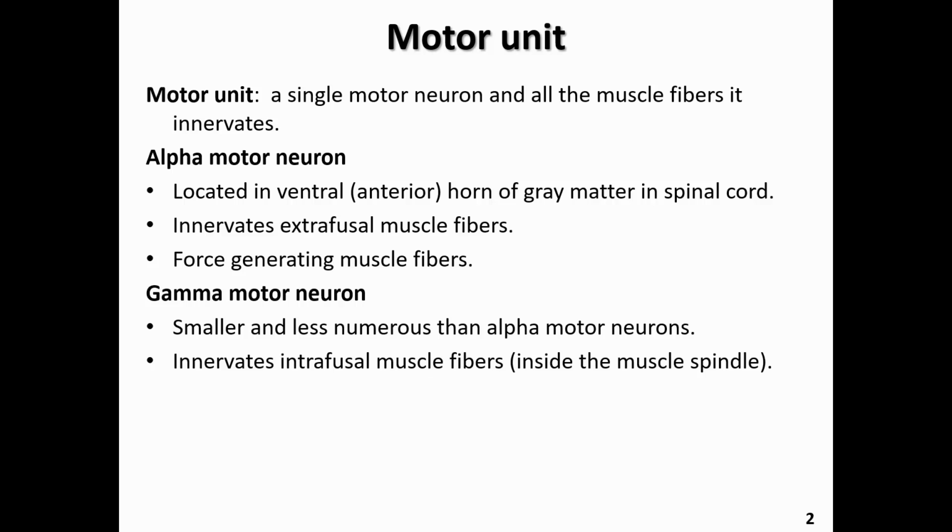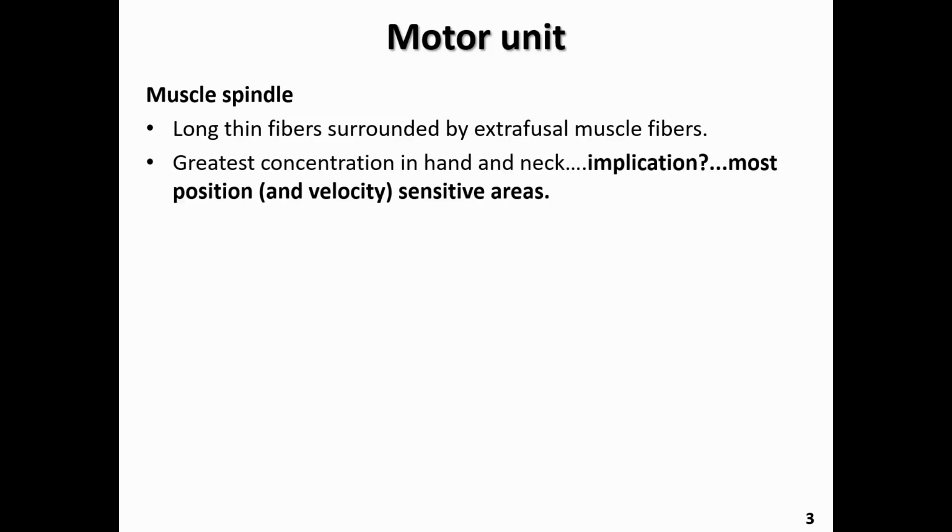These are muscle fibers not unlike the force generating muscle fibers, but these ones are found inside the sensory organ of muscle tissue called the muscle spindle. The muscle spindle is the major sensory organ of skeletal muscle, and these are long, thin fibers that are embedded inside a muscle and are surrounded by extrafusal muscle fibers.